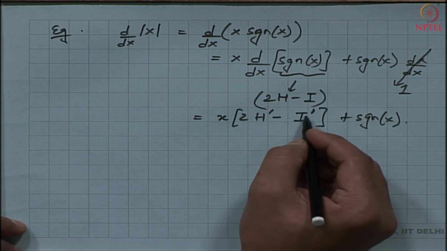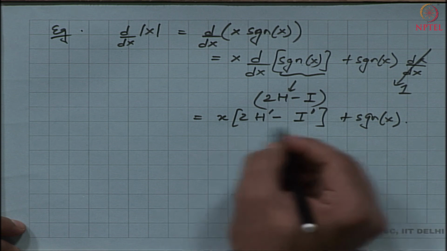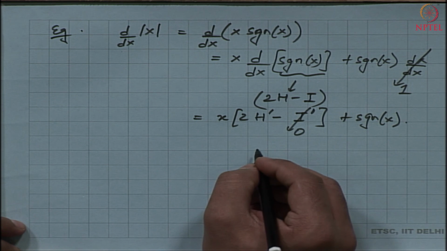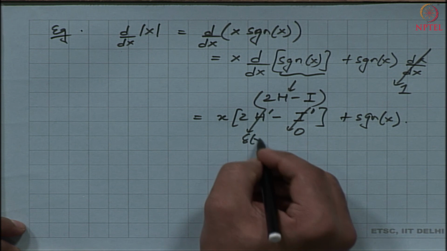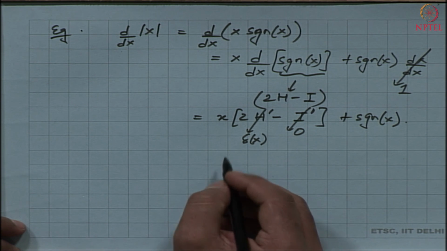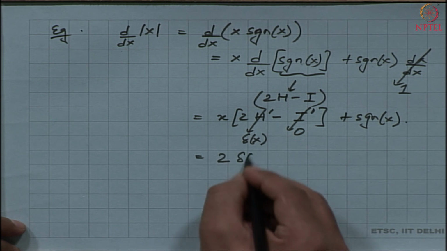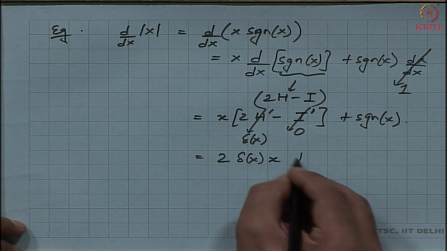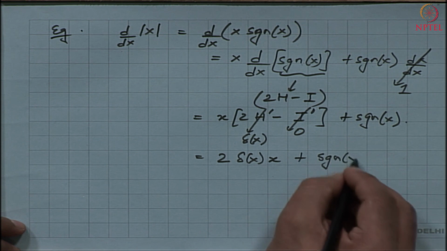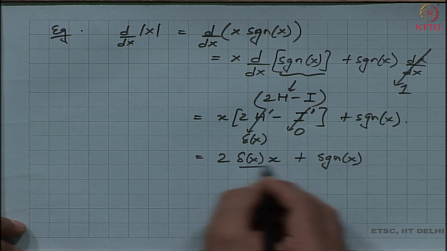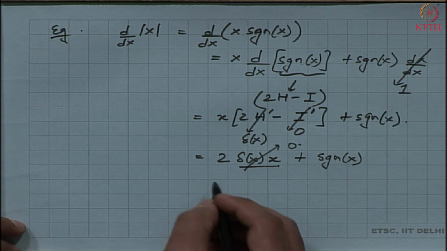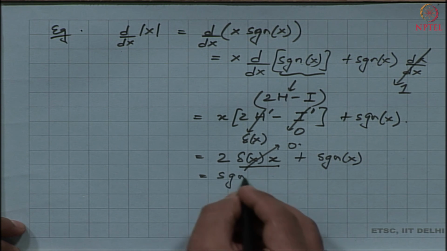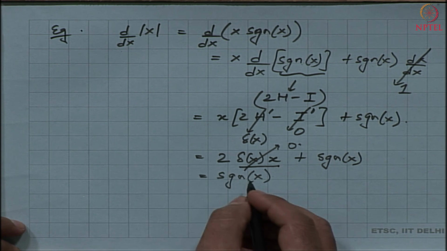You can check that this one goes to 0, please check that, and this one is nothing but the delta function. So, I get 2 times delta function times x plus sign of x, and I know that delta x times x also goes to 0 by the property of the delta function. So, all I get is that the derivative of mod of x is sign of x.